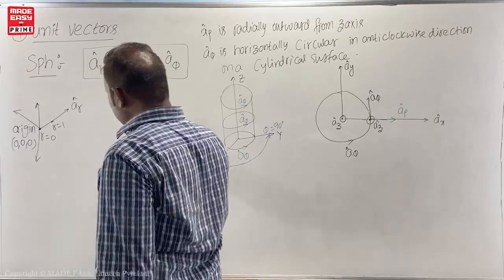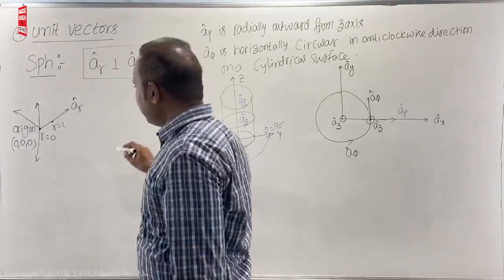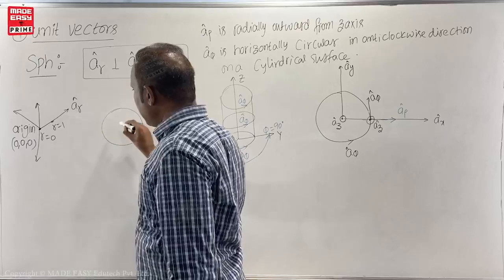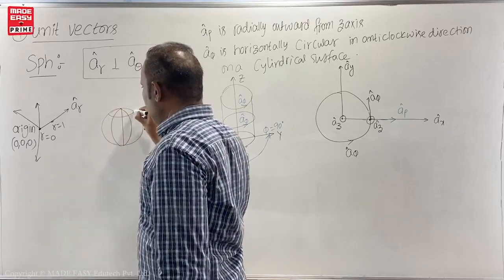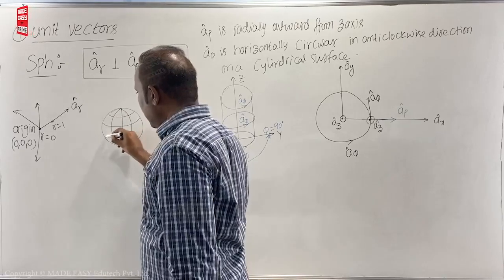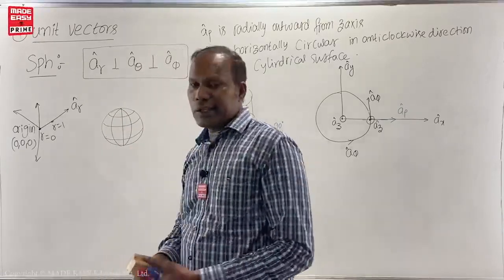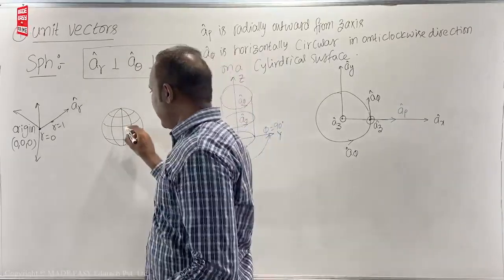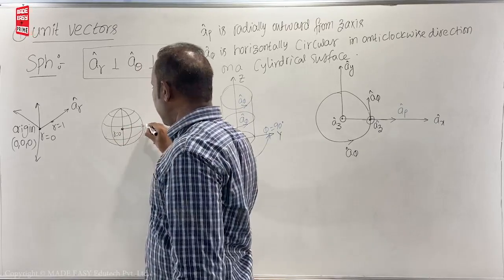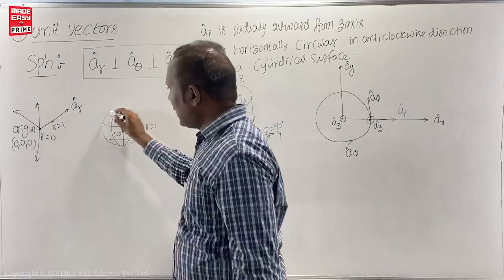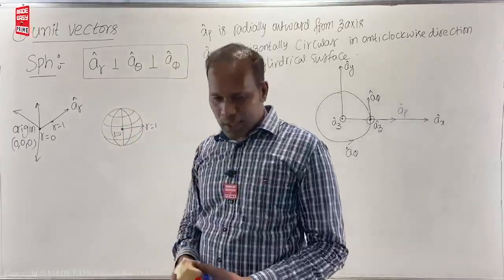So, one more example I will take. Here you take a sphere like this. Now you students know that for a spherical surface, the radius is constant. For example, this is the center, so radius 0, and here the radius is equal to 1. Anywhere on this sphere, the radius is 1.